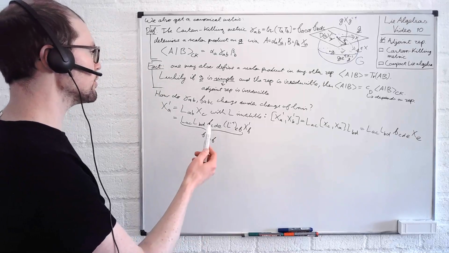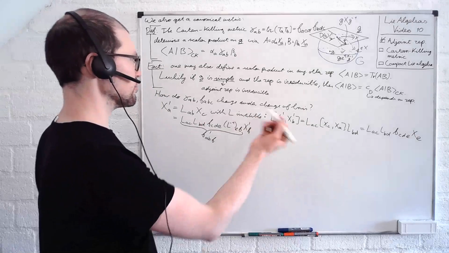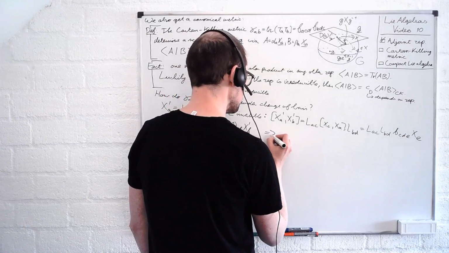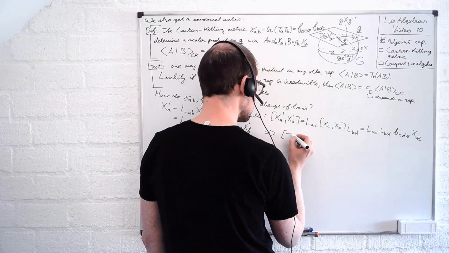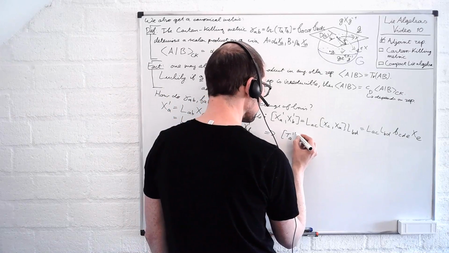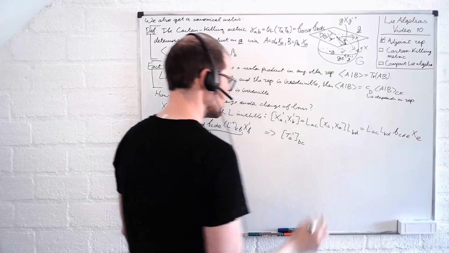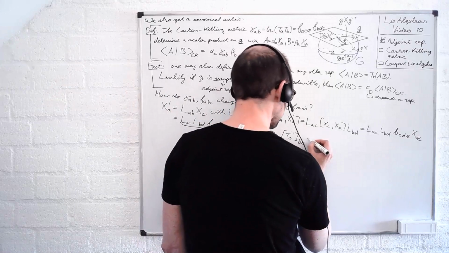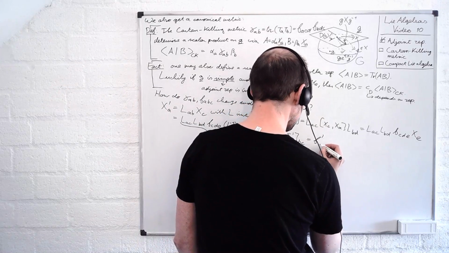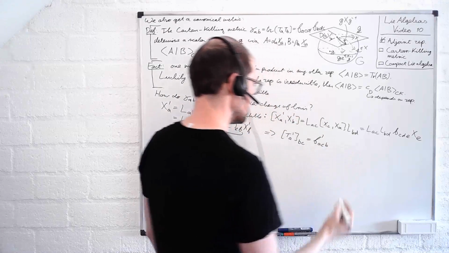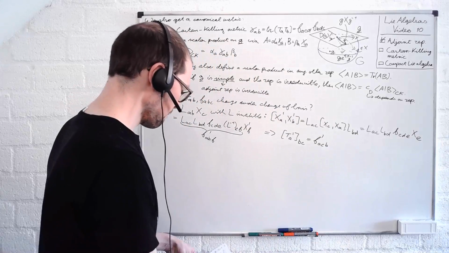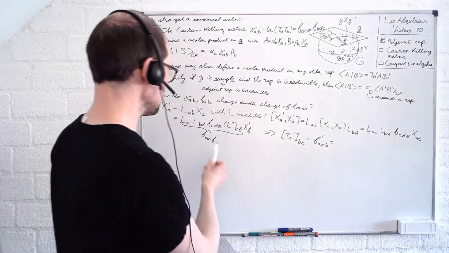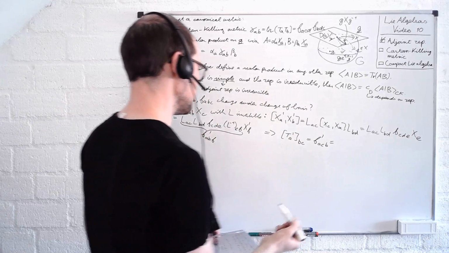So what does this mean for the explicit adjoint representation, these matrices? If you want to construct the explicit matrices in this new basis, by definition these are given by (T_A prime)_CB. We can determine that from the expression here.